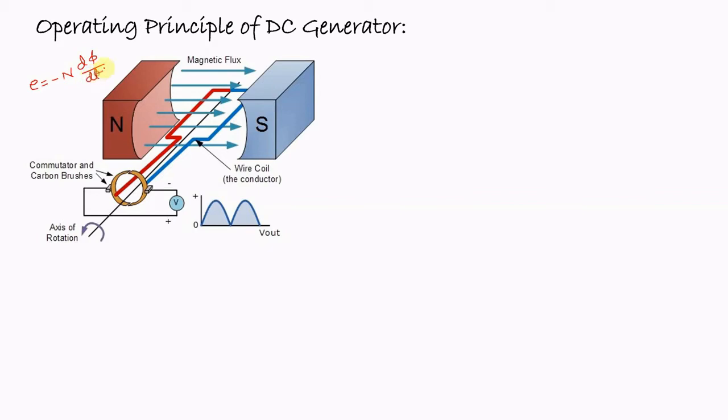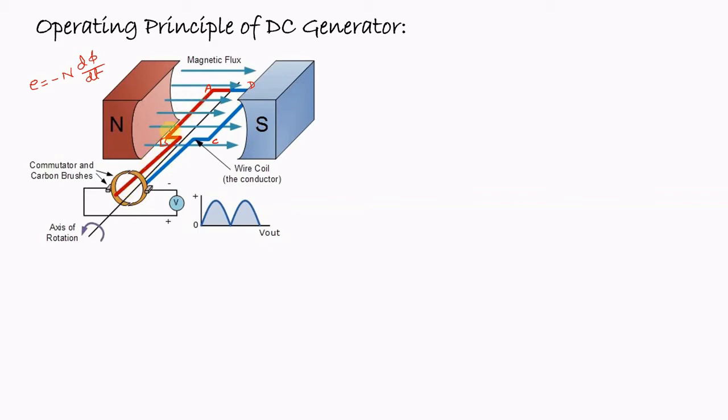Remember, the EMF is induced in the part of the conductor that is perpendicular to the magnetic field. In this case, the EMF will be induced in the AB side as well as the CD side. These are the coil sides, or we can say the conductors.